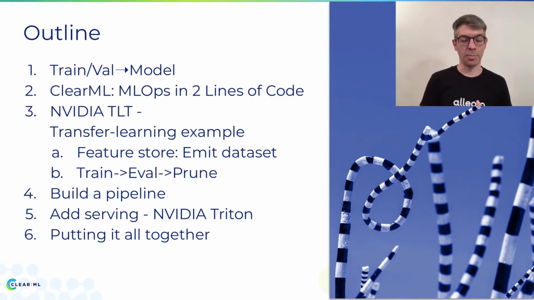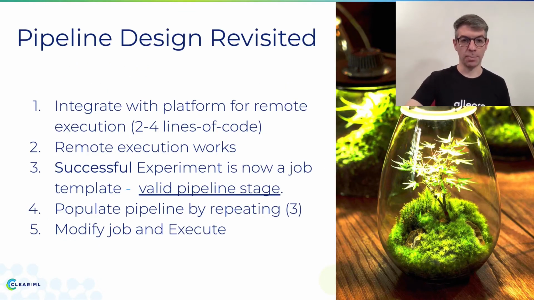Basically, another command line that allows us to spin a serving engine, and that serving engine, again, will pull automatically the latest model from the system, and will just serve it for us. We'll touch that later. So that's kind of the outline for the next part of the session.